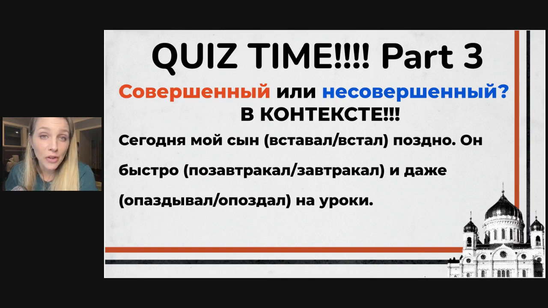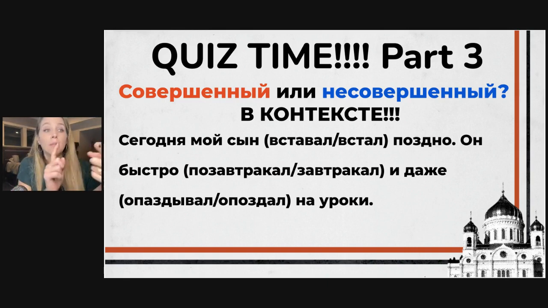Okay, so if you guys remember back to the first video, when we have a series of events that all can't be done simultaneously, we're going to get perfective because you have to have finished the one action to start the next. So, like as you see, he can't be simultaneously waking up, eating breakfast, and going late to class. No, he woke up late, bam, finished. He ate breakfast quickly, bam, finished. And then he was late to class.